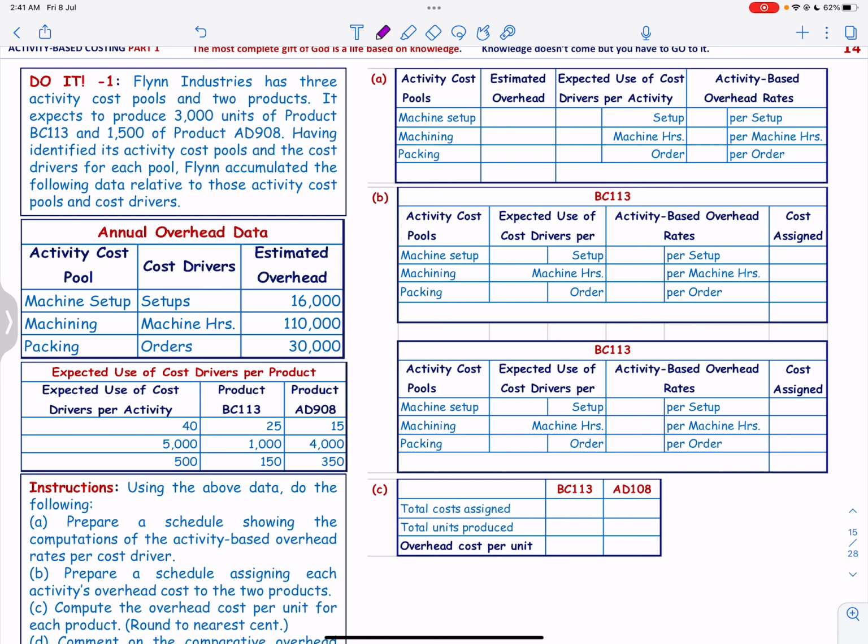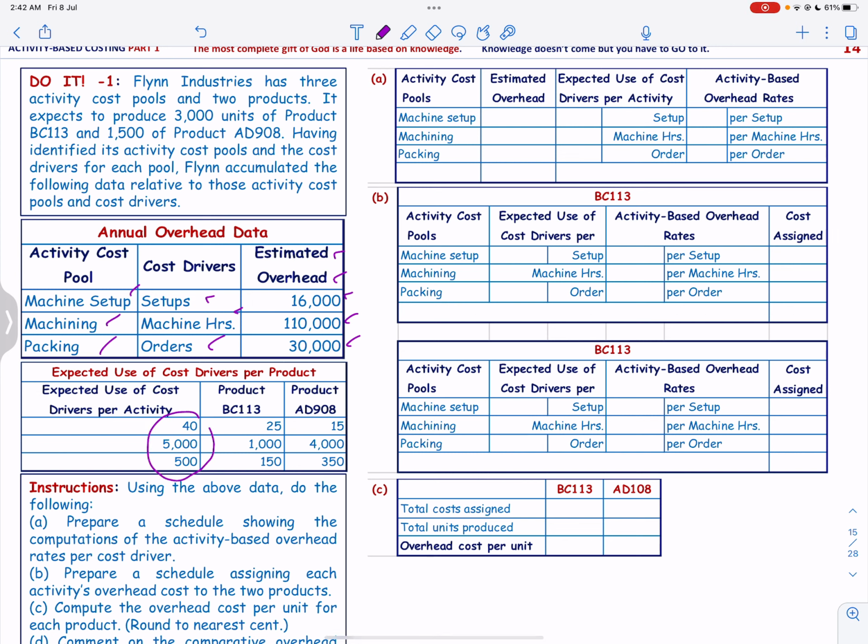We have the activity cost pools, and these are the 3 cost pools: machine setup, machining, packaging. We have the 3 cost drivers, and estimated overheads are given to us. Expected use of cost driver per product is given. This is the total expected use of cost drivers per activity, and this has been split into the 2 products BC113 and AD908.